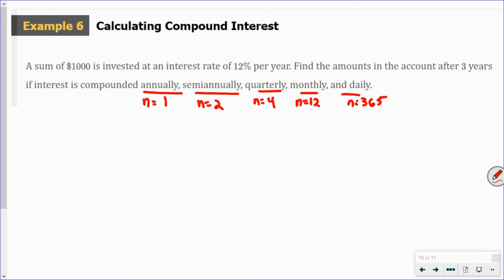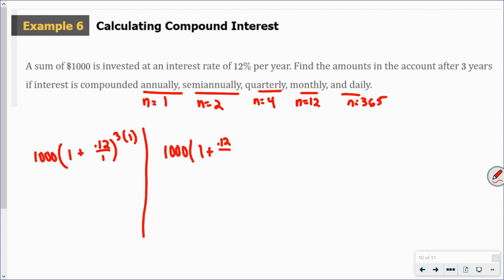Okay, so to fill this out for each one, we're going to have 1,000 times 1 plus R, which is 0.12. It's 12%, but that's 0.12 over 1, and then T, which is 3 times 1. Okay, there's one of them. Then we have the same thing, except instead of 1 for N, I'm going to put a 2. So it's 1,000, 1 plus 0.12 over 2, 3 times 2.